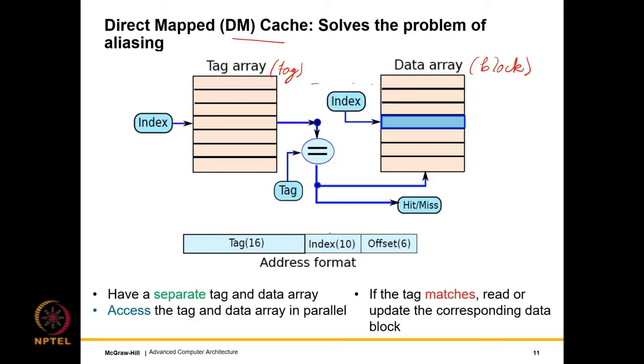So using the index, which in our running example is the 10 bits over here, we access the tag array, we read the tag, and along with that we also fetch the tag part of the memory address that is being given to the cache. So think of the cache as kind of a black box.